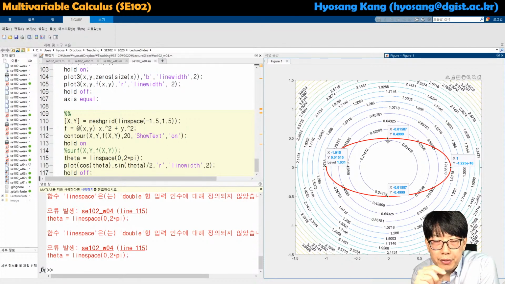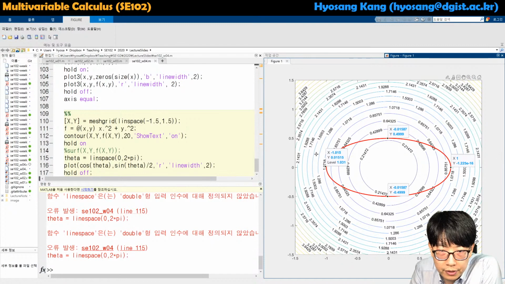So what happens is, if you concentrate only on the points on this ellipse, these 2 points, the top and bottom, have the smallest function value, and the leftmost and rightmost points have the largest function value. Okay.